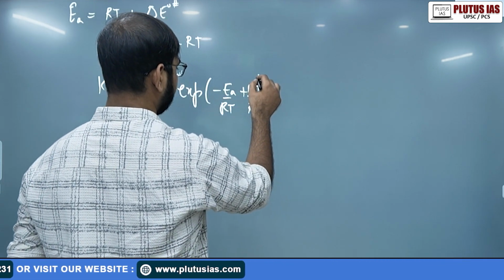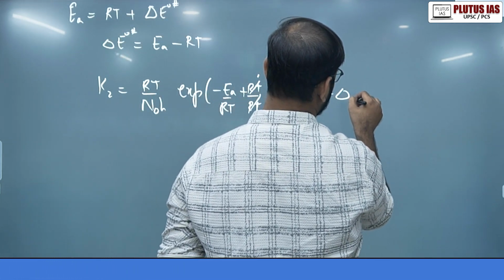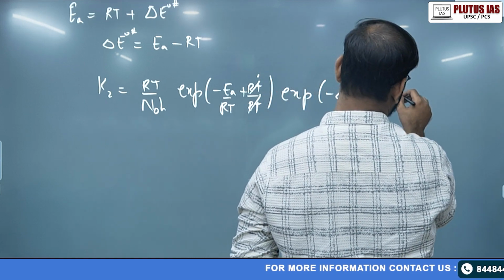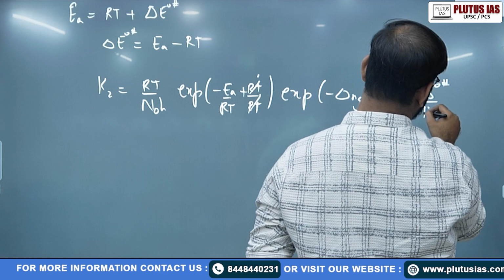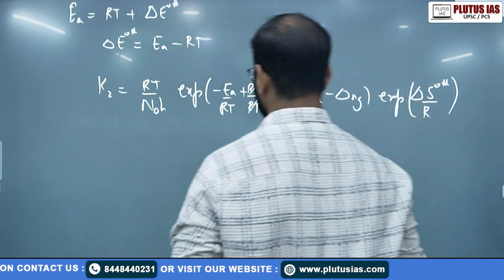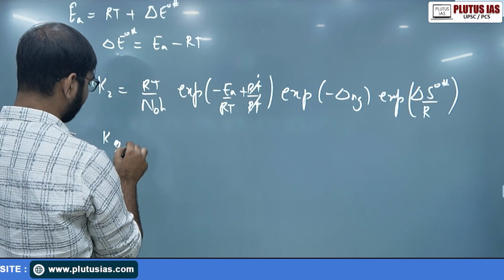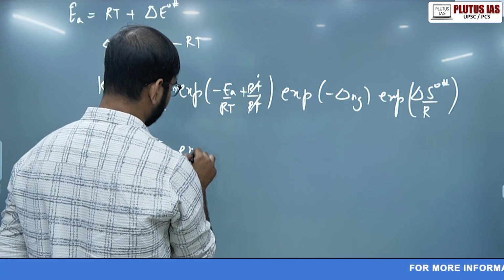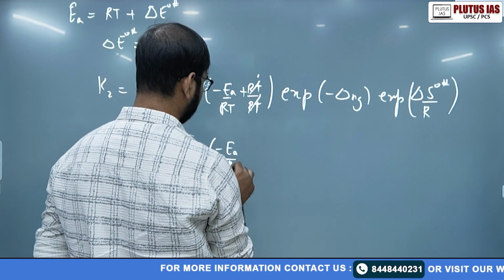RT cancels out, exponential of minus delta Ng multiplied with exponential of delta S naught star by R. Here this will become 1. Let's separate it. It will be K2 equals RT N naught H exponential of minus EA upon RT.